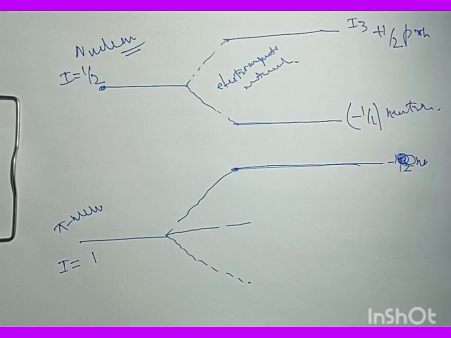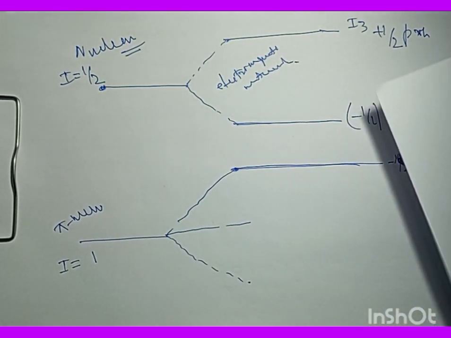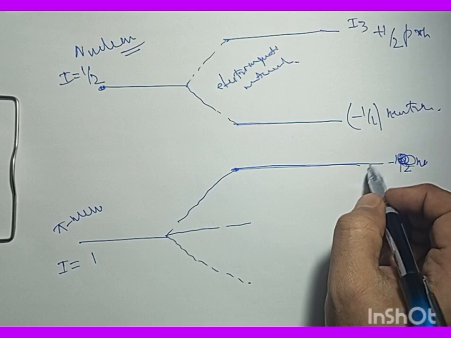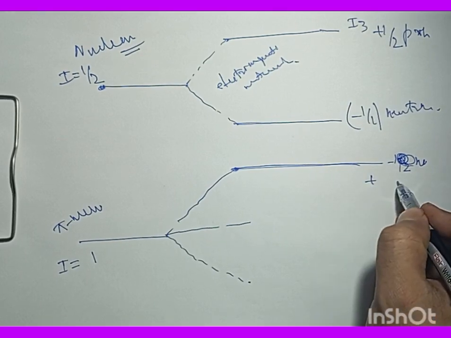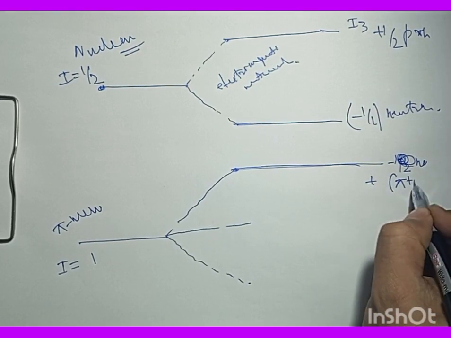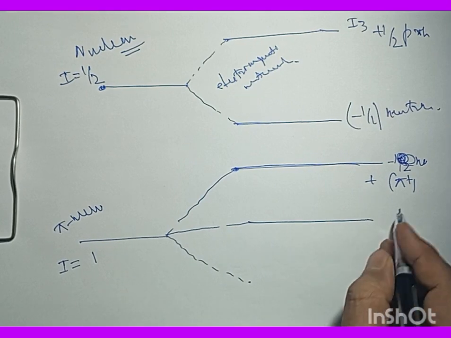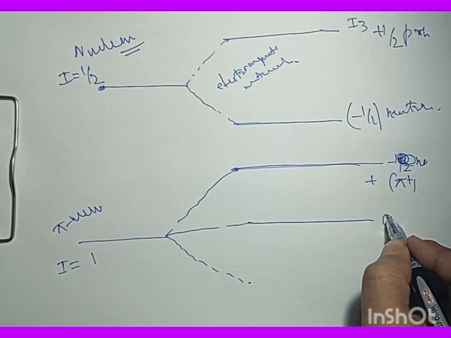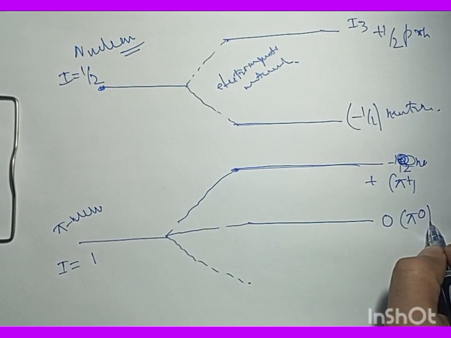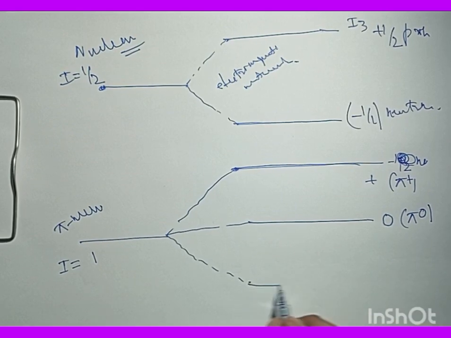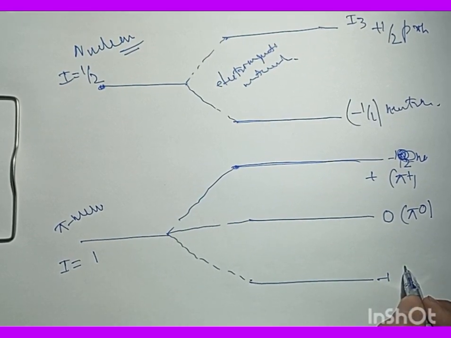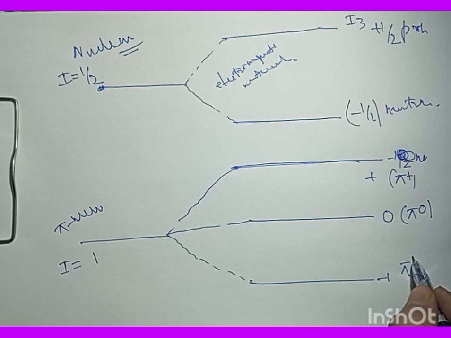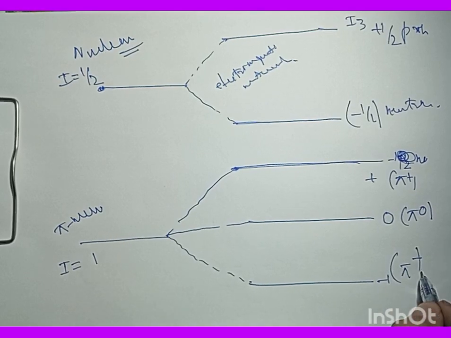There we have plus 1, minus 1, and 0. For plus 1, we will have the pi plus meson, for 0, we will have the pi neutral meson, and for minus 1, we will have the pi minus meson.